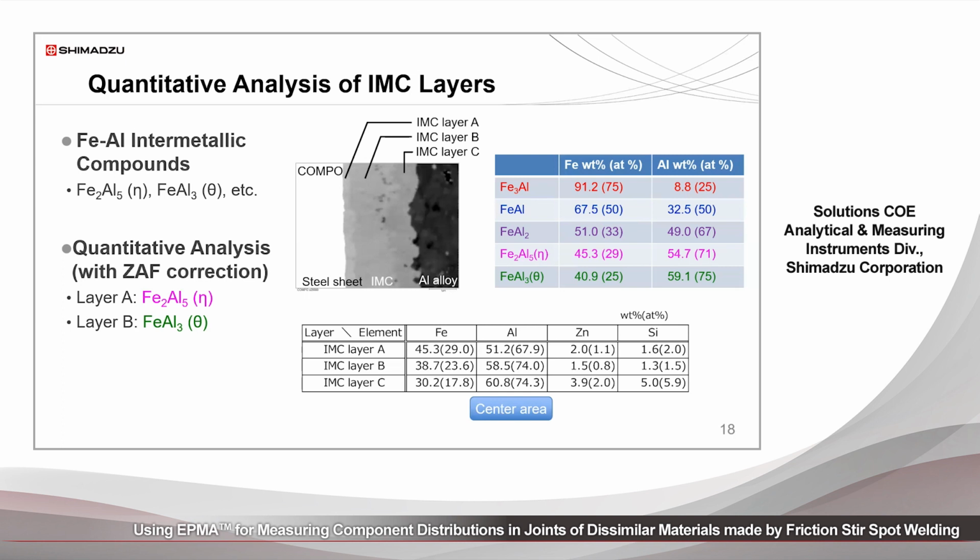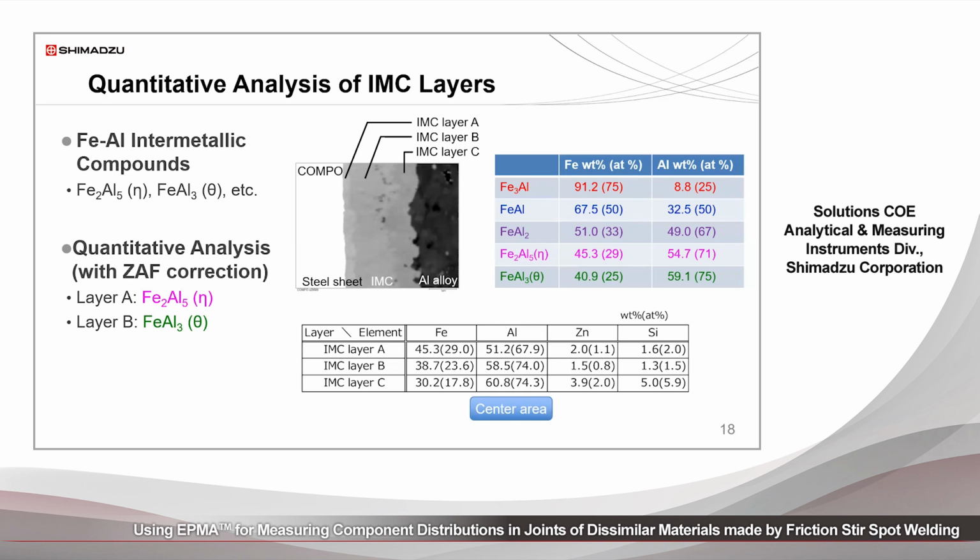This table here is of different iron aluminum intermetallic compounds. The first column notes the empirical formula. The second is the iron weight percent. In brackets is the atomic percent. And then the third is for aluminum.